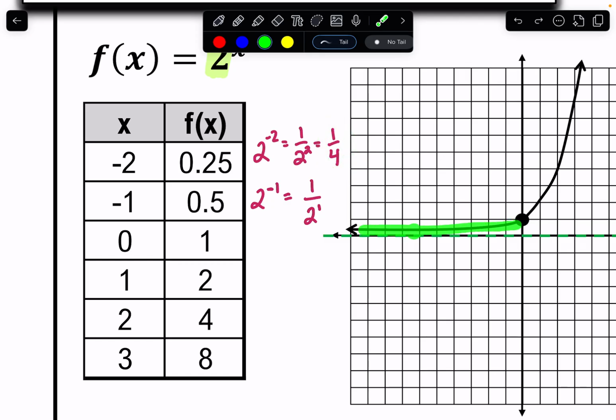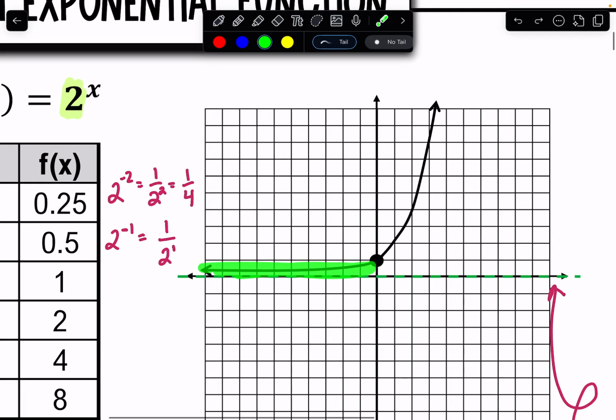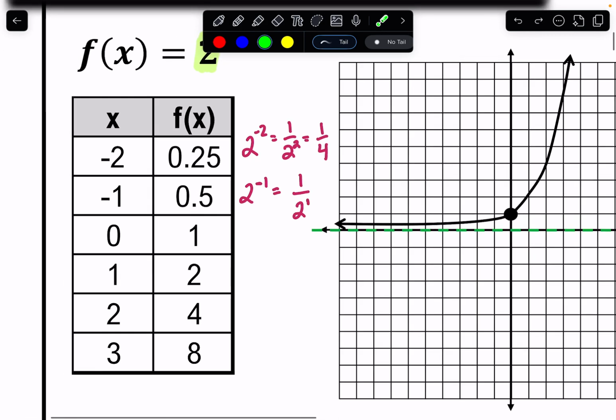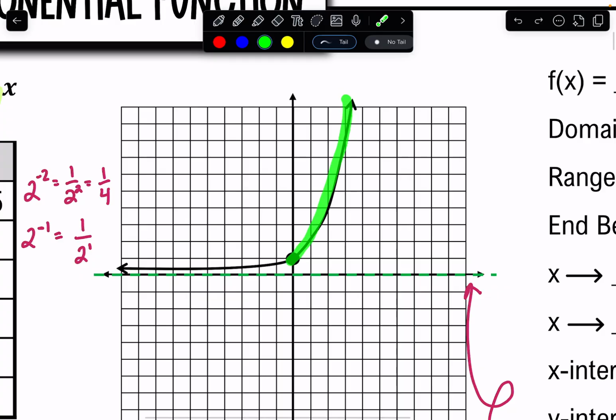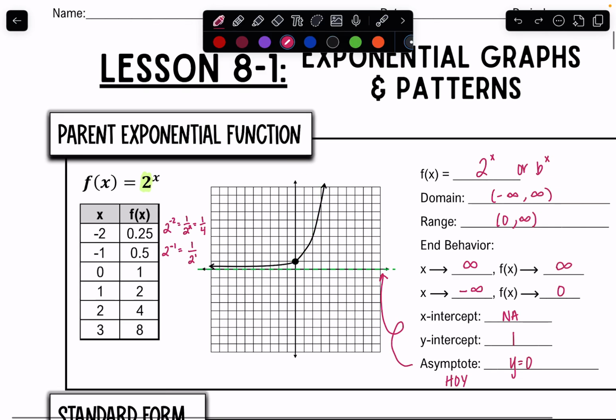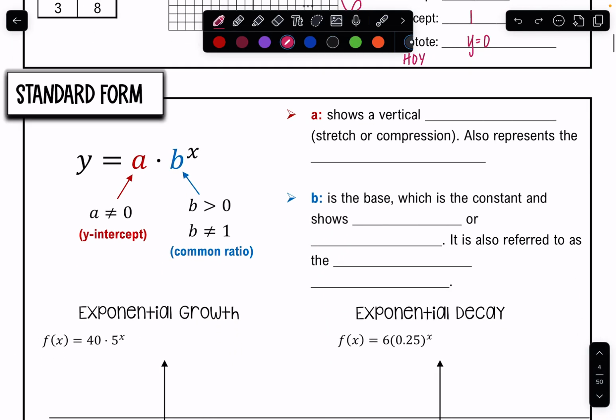So we're staying in the positive, we're just going to get really, really small. And then as I move x getting more positive, I'm going to really, really jump up. So we're going to be really, really low, decreasing here, and then we're going to increase a lot as we move to the positive. So that's our basic function.